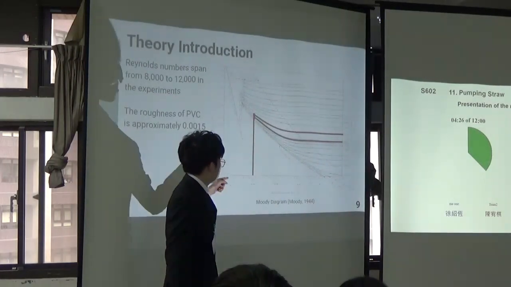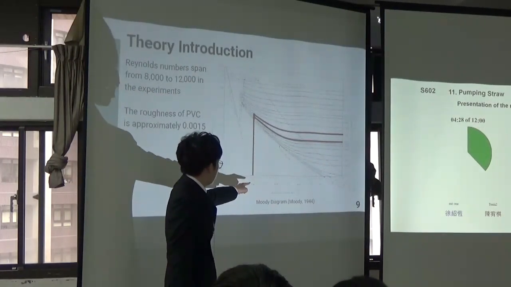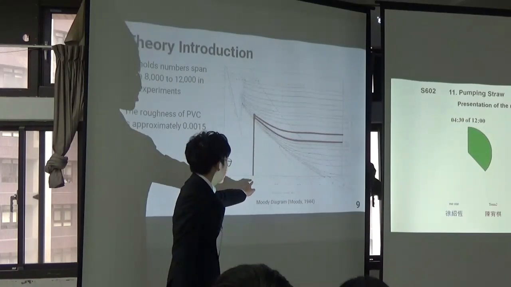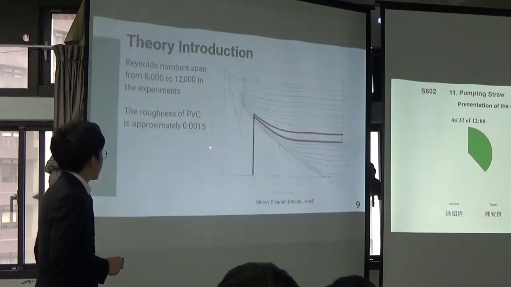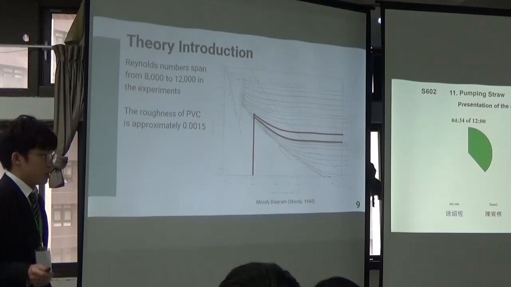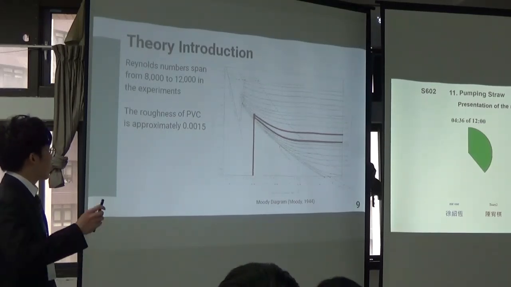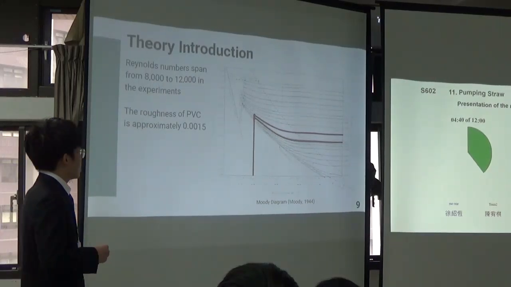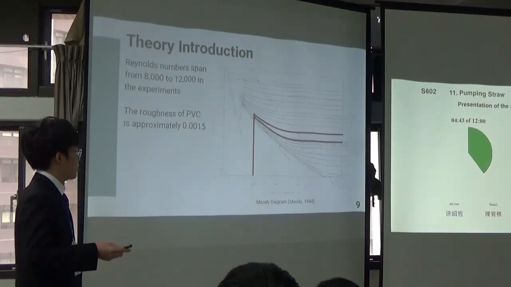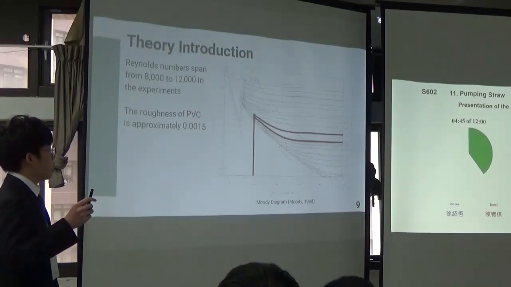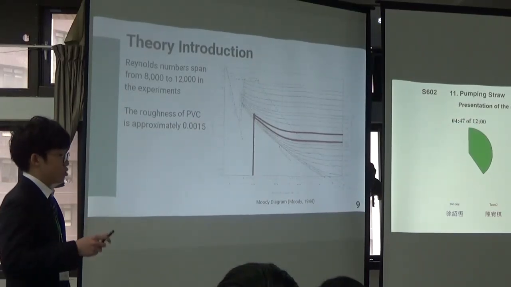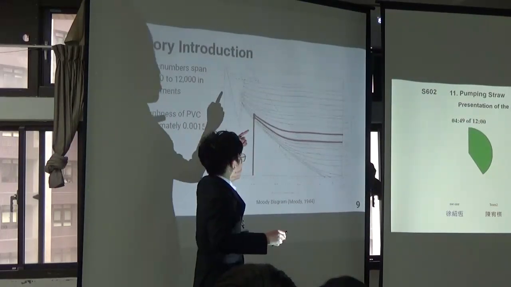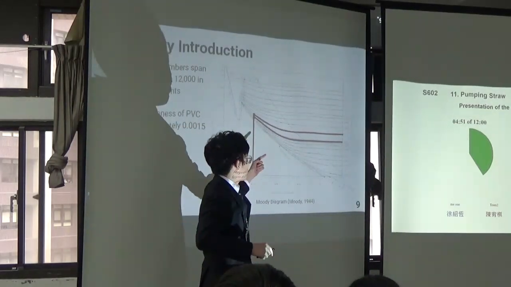It's about 10 to the fourth power, and it's right here. And also the roughness of PVC, the material for the straw, is approximately 0.0015. If we divide it by the diameter of our straw, the thick straw will be right here, and the thin straw will be right here.